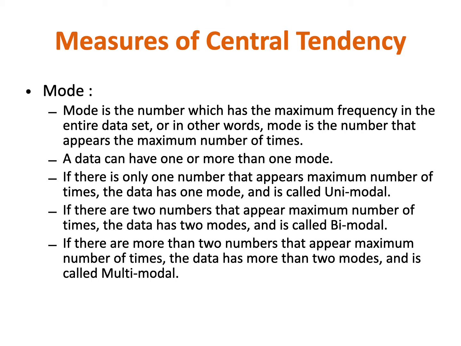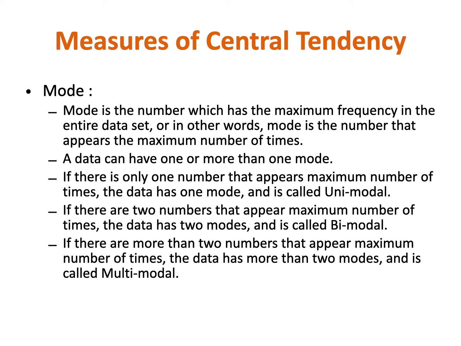The data can have one or more modes. If only one number appears the maximum number of times, then it has one mode and it is unimodal. If two numbers appear the maximum number of times, the data has two modes, or is bimodal.